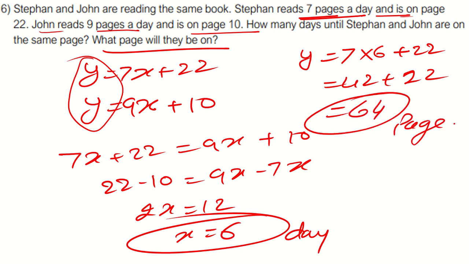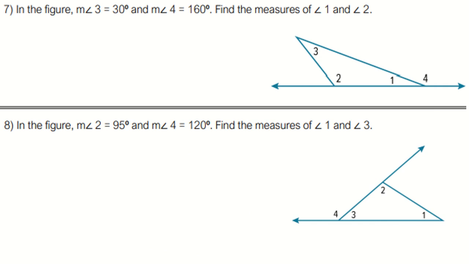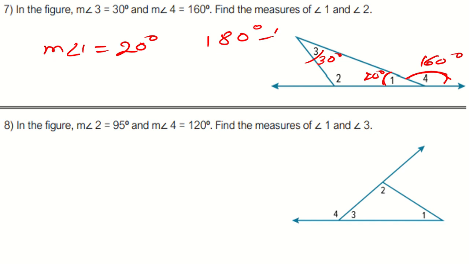Okay. Now in the figure, the measurement of angle is 30. This is 30 degree. Measurement of angle 4 is 160 degree. Find 1 and 2. So you see, this complete angle is 180. Yes, this is called linear pair. So if this part is 160, this part has to be 20 degree. So measurement of angle 1 is 20 degree. How? 180 minus 160.